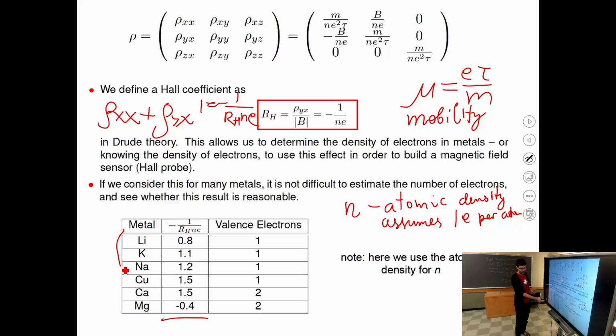So for copper, the deviation is already beyond what you might expect, because 1.5 is between 1 and 2. Same for calcium, same story, so it doesn't give a good quantitative agreement with this naive understanding, but especially this one, right, magnesium. First of all, it's tiny, 0.4, where we expect 2 for this column, and it has a minus sign, right?